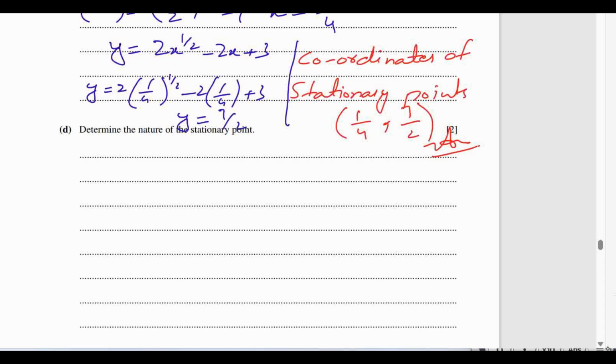Determine the nature of the stationary point. Now as we know that for the nature we have to find the second derivative.